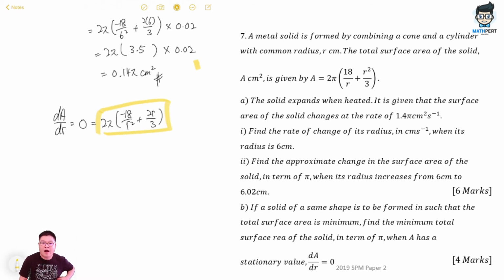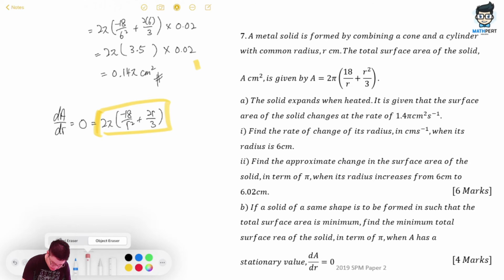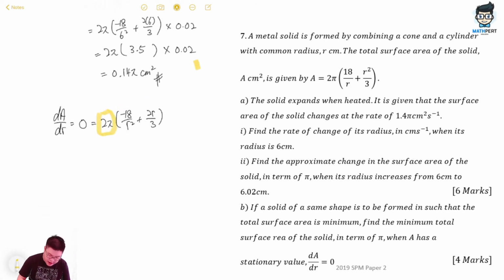Then we need to find out what is the value of R. Right? So equal to 0, that means this 2 pi definitely cannot equal to 0, right? So the only thing that can become 0 is minus 18 over R square plus 2R over 3 is equal to 0.